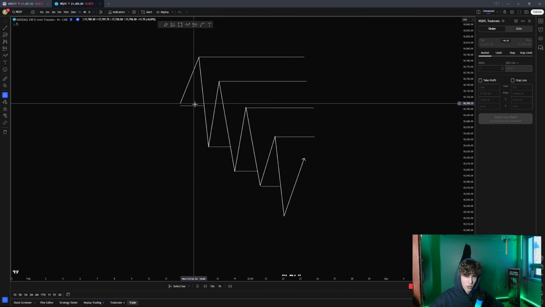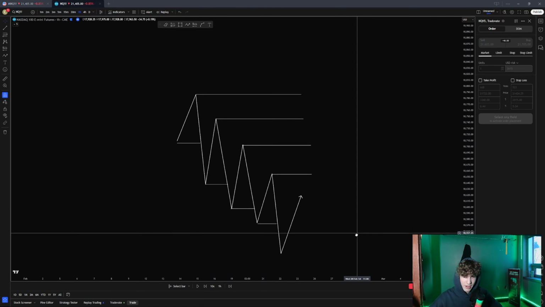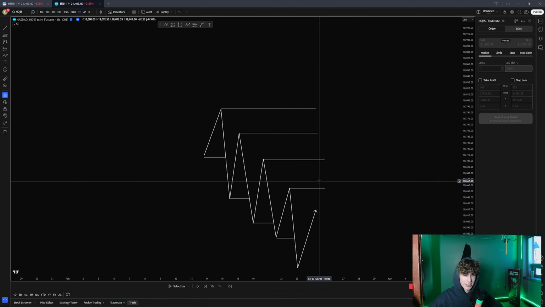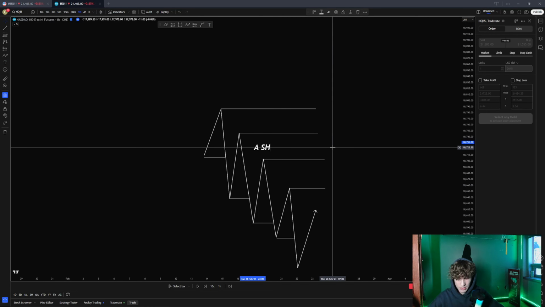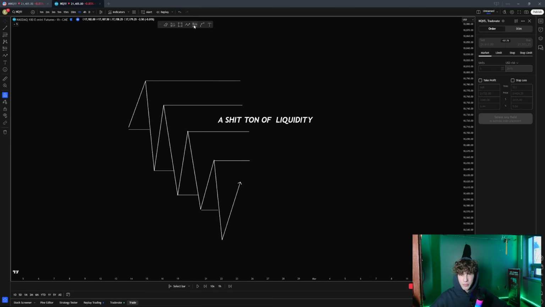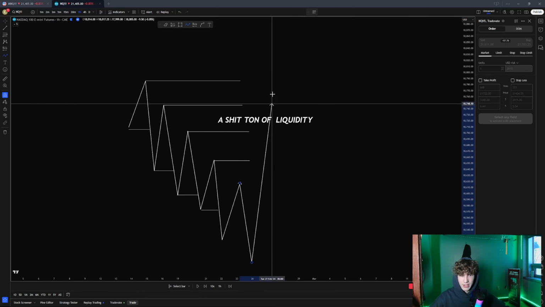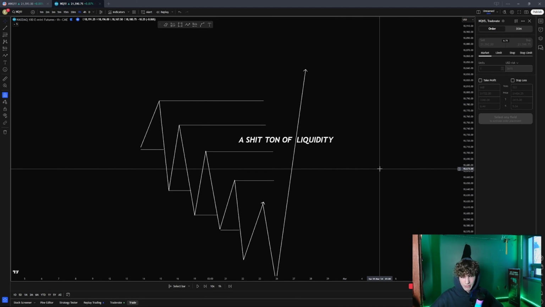Now, as you can see, all of the sell side has already been getting swept because we're in a downtrend, and all of the buy side is still resting up here. So up here is a shit ton of liquidity, and you can expect this to get ran in a very quick move. This will happen all the time, right?